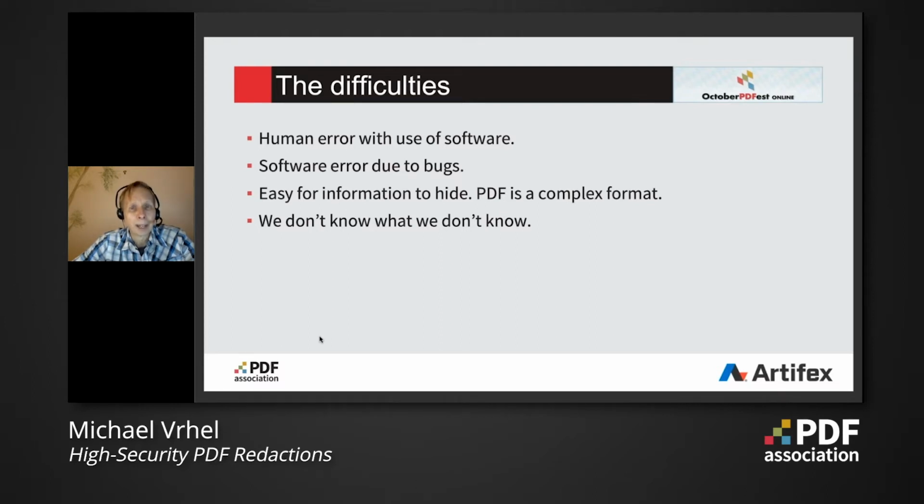The PDF document is a complex format, and it's quite easy for information to hide. And even if we spent time plugging all the places where we have problems, at the end of the day, we don't really know what we don't know. There could always be something else lurking out there, and someone clever enough to get information hasn't quite found it yet, but it could still be there.